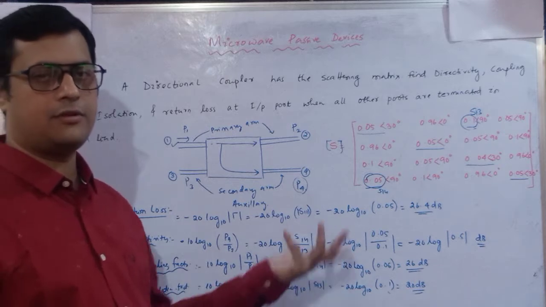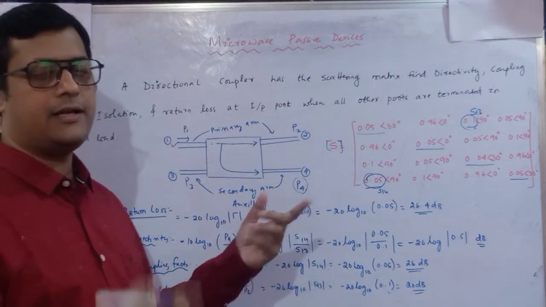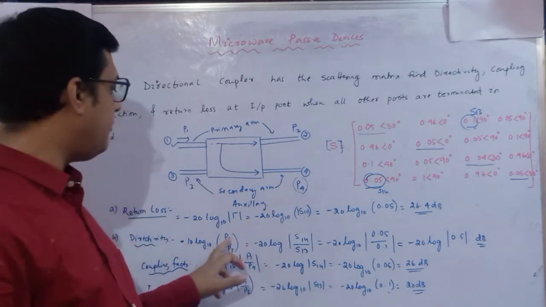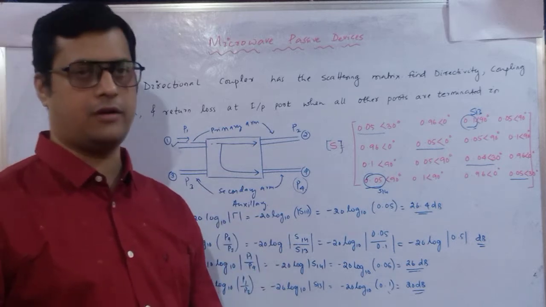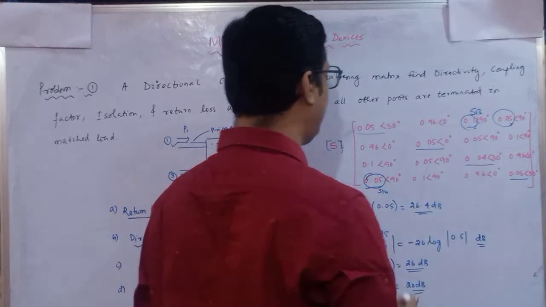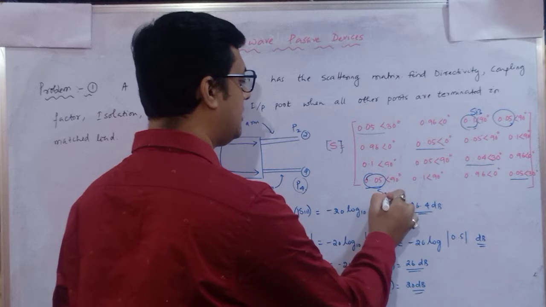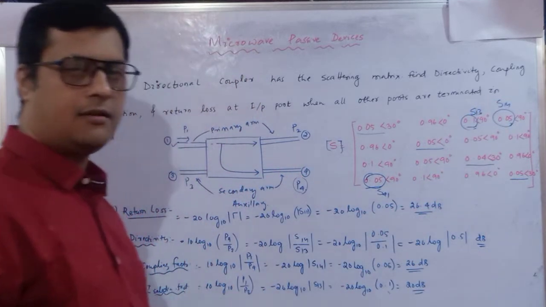So no need to substitute another value. Directly with respect to 1 it is related. If it is not related with 1, you have to make it with respect to 1. So P4 related with respect to 1 means S14, or you can substitute S41. Both are the same. S14 is 0.05, S41 is also 0.05.